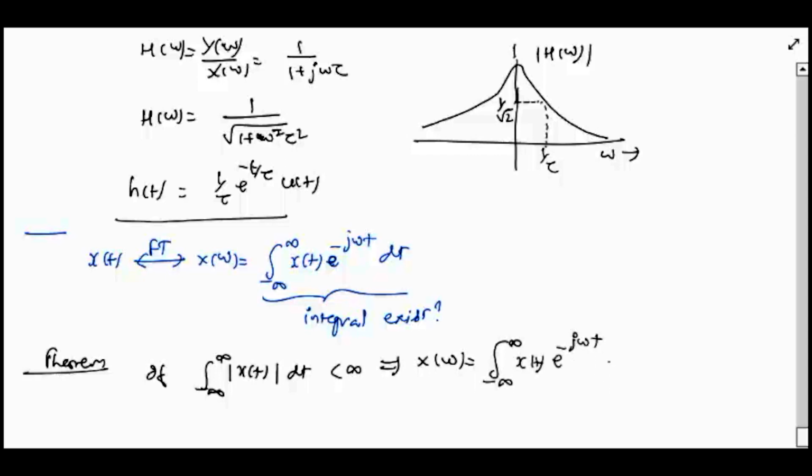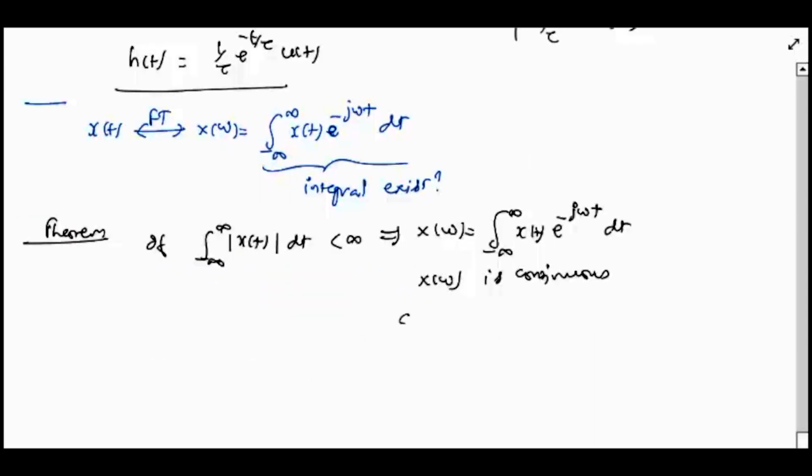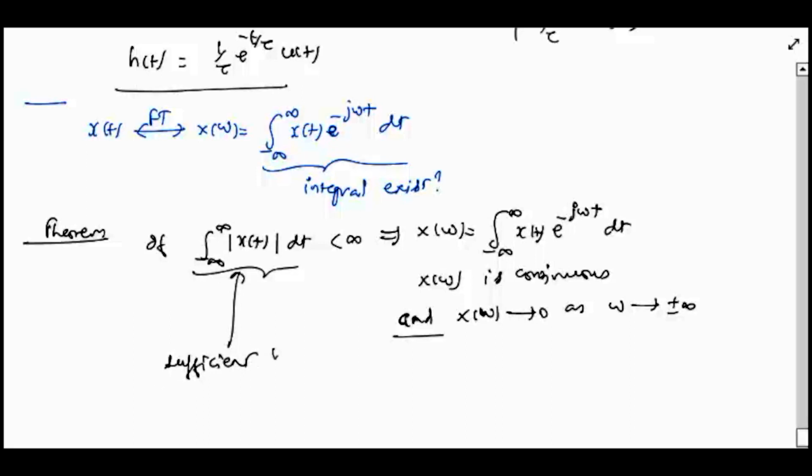Not only does it exist, X(omega) is continuous, and moreover it approaches 0 as omega goes to plus or minus infinity. However, notice that this is a sufficient condition. As we will see soon, it's not a necessary condition for existence of the Fourier transform in the sense discussed here. So this is sufficient but not necessary.